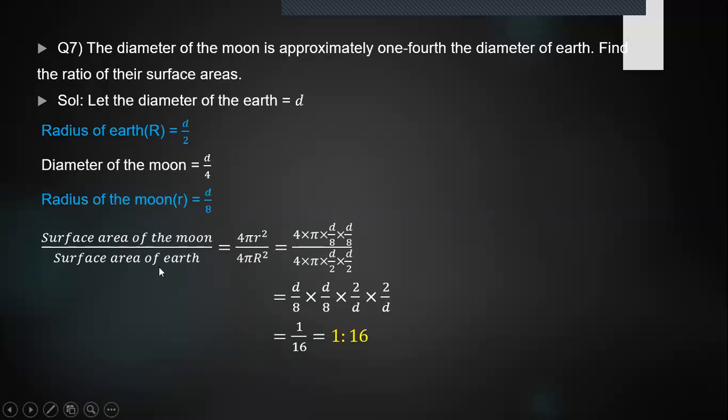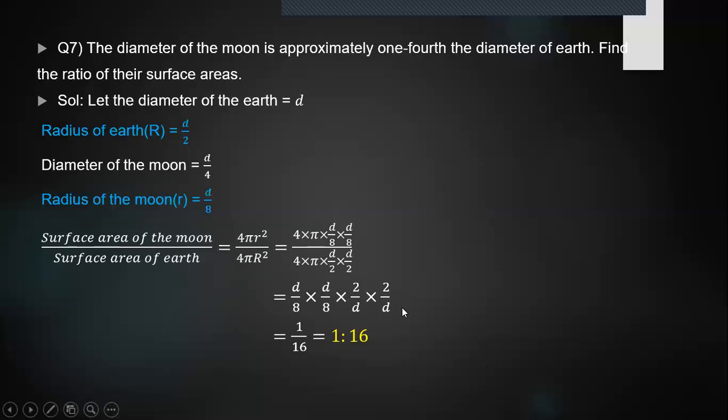Surface area of the moon upon surface area of earth is equal to 4 pi small r square upon 4 pi capital R square. Now 4 pi gets cancelled in the numerator and denominator. d by 8 into d by 8 is written first, and d by 2 into d by 2 in the denominator is going to undergo its reciprocal and become 2 by d into 2 by d.